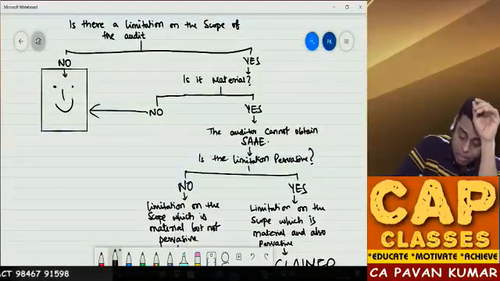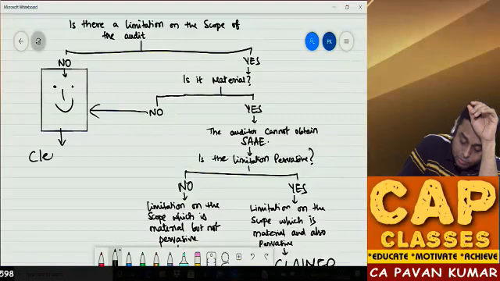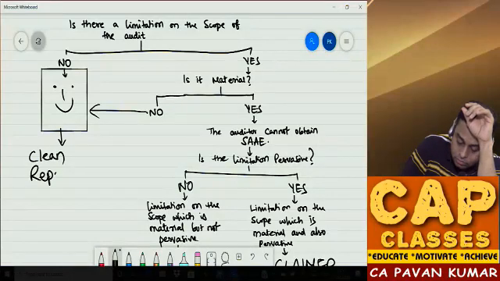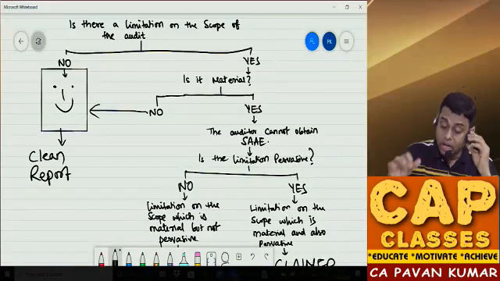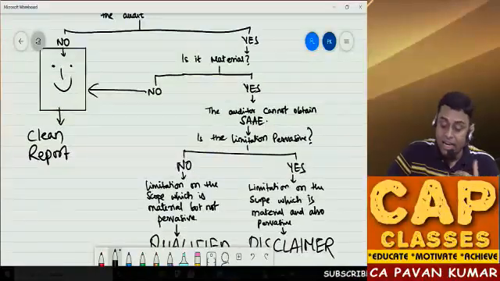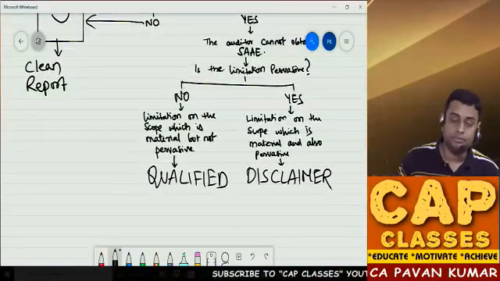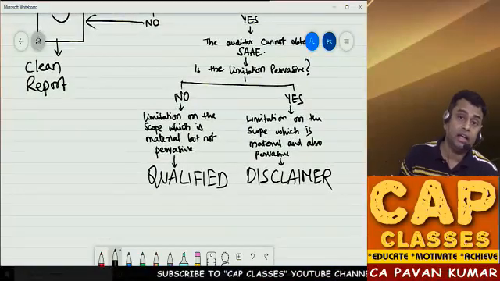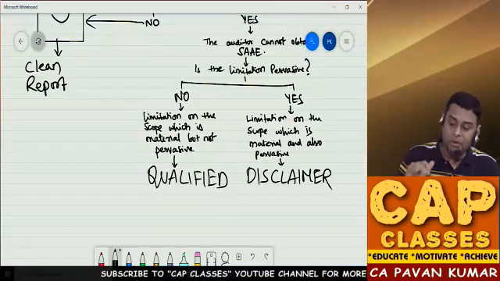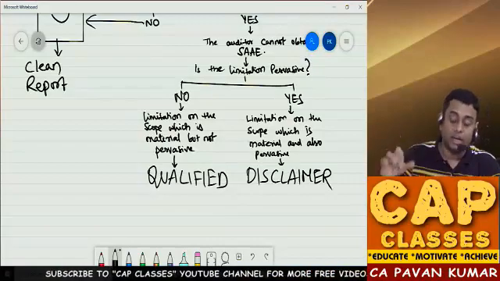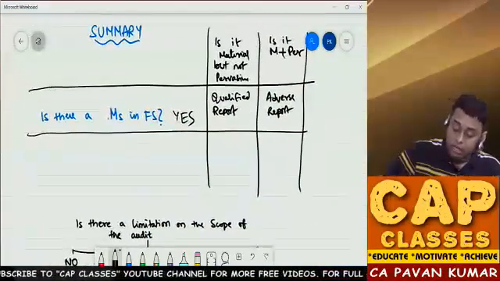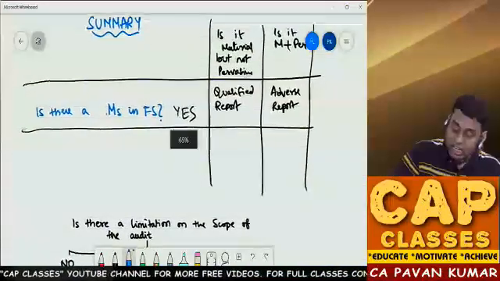So based on this, is there a limitation on the scope? No, the auditor is happy. Here he gives a clean report. Then, if there is a limitation which is material but not pervasive, go to qualified. When there is a limitation which is material and also pervasive, then go to disclaimer. Now come to the summary table, fill the second part. What is the second part?